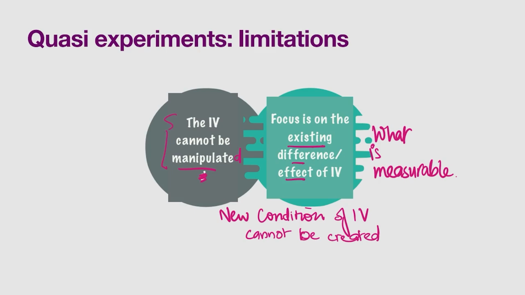So he had to work with what he had. Hence, he was only focused on the existing effect of high functioning autism on performance of the reading the mind in the eyes test based on the existing average level of autistic traits in his sample.